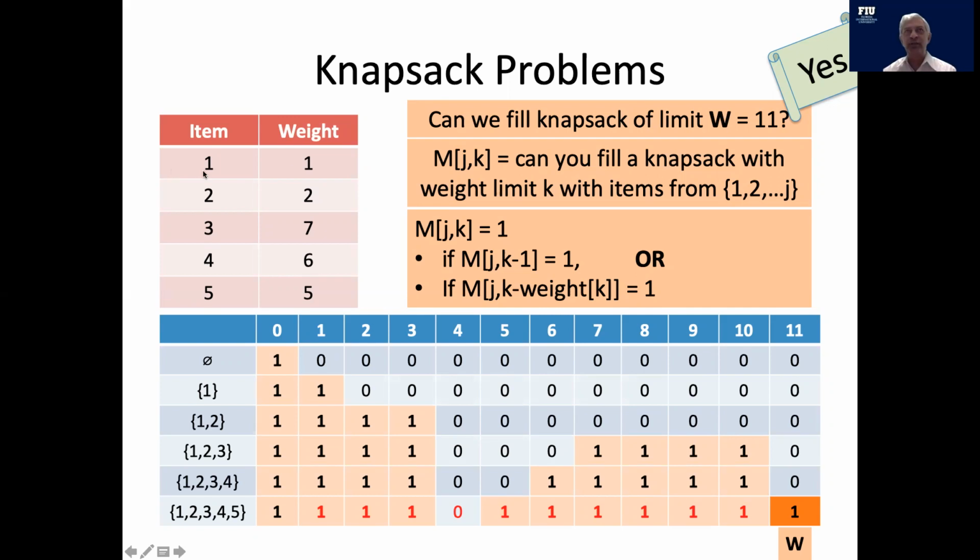If your first coin has value 1, your second coin has value 5, your third coin has value 10, your fourth coin also has value 10, and your fifth coin has value 25, then you can figure out what all different totals you can make from these values. Those are all different kinds of knapsack problems.